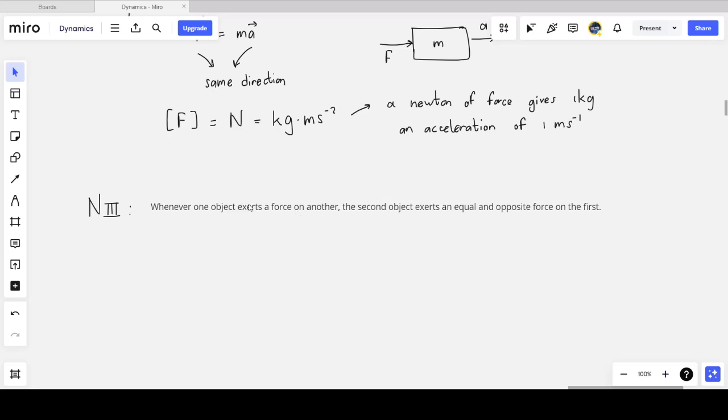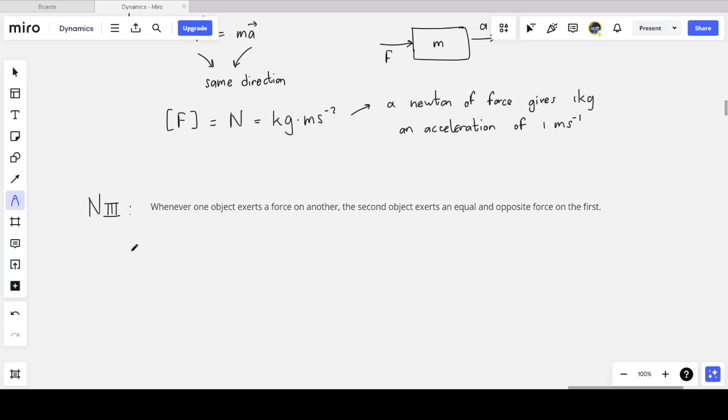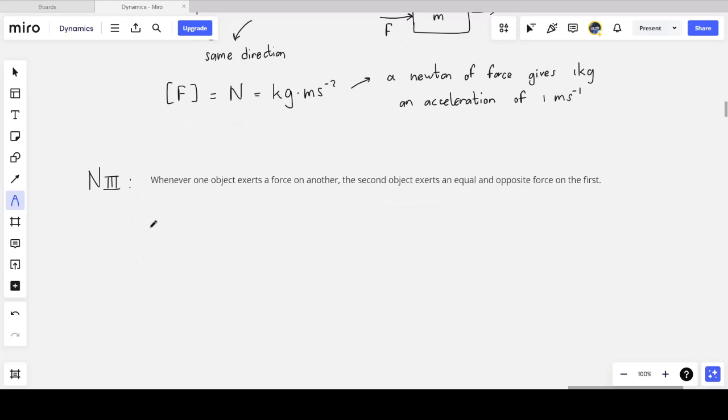So I'm going to do a non-example of what an action-reaction pair is not, also a common misconception. I tend to be favoring boxes today. It seems like the easiest example to work with. I place a box on the floor. Well, it doesn't have to be on the floor. It could be on the surface of a table. And I know there's a reaction force that acts on the box.